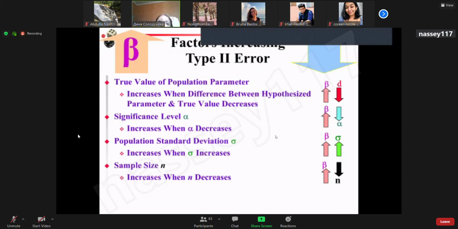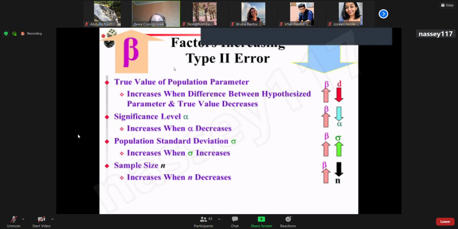Type 2 error increases when the difference between the hypothesized parameter and the true value decreases, and it is reduced when that difference increases.